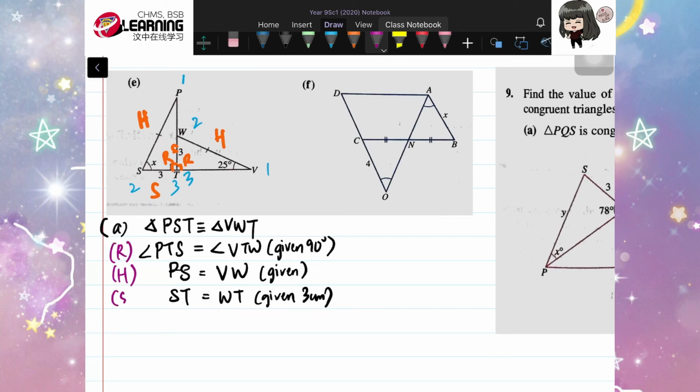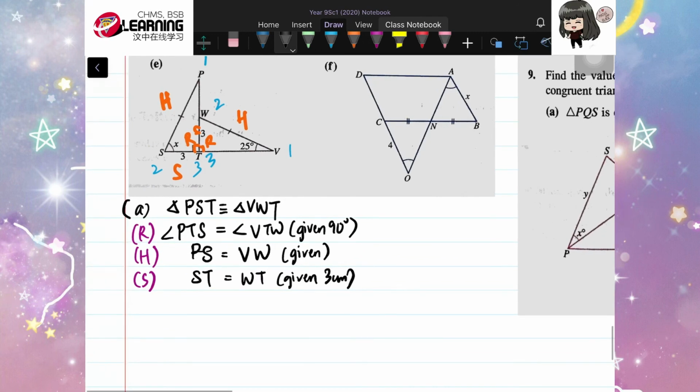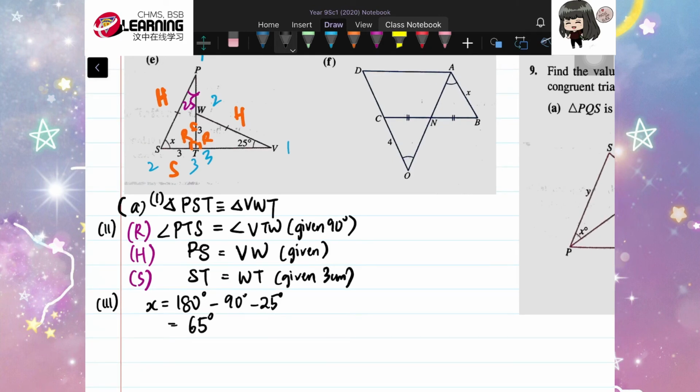Right angle, hypotenuse, and side. This is part 1, part 2, and then we have part 3. The answer for x is 180 degrees minus 90 degrees minus 25 degrees, because this 25 here is also 25. Then the answer is 65 degrees.